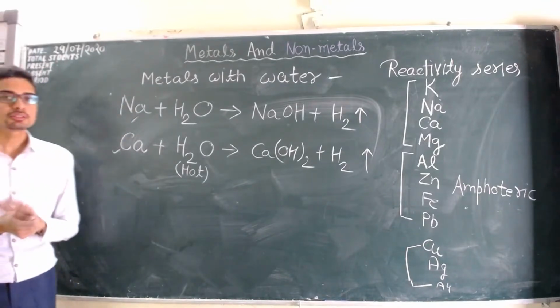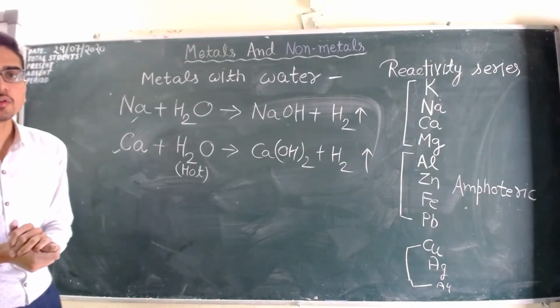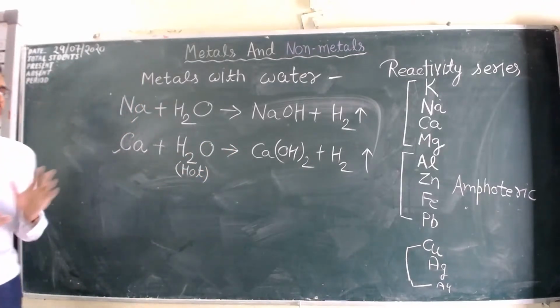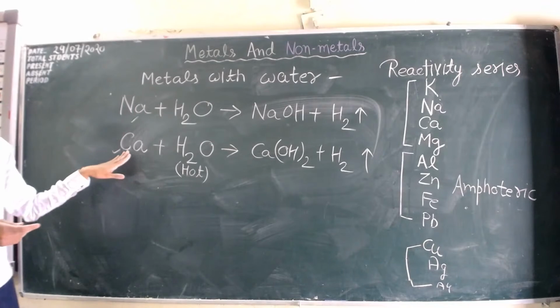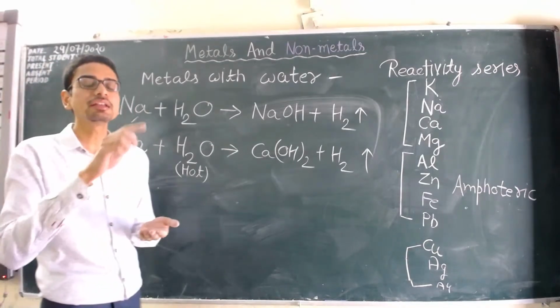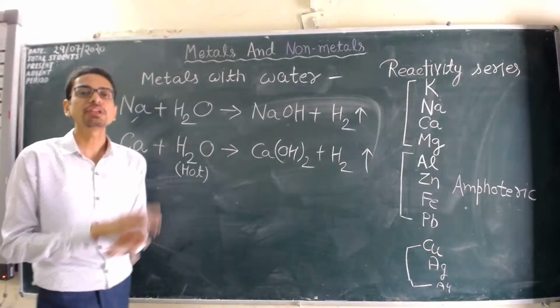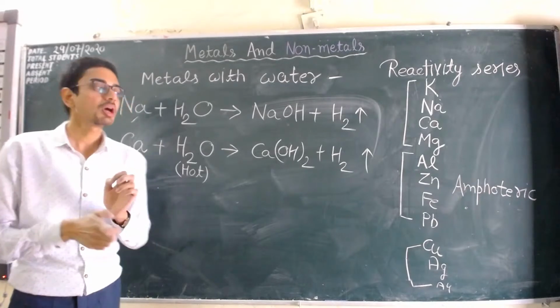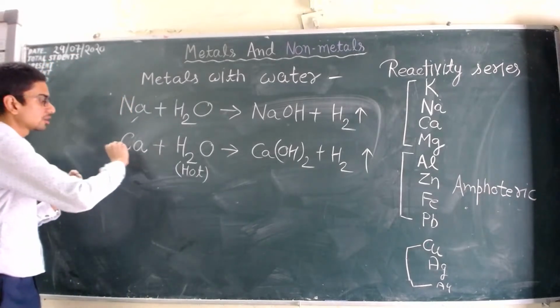Okay, and also there is one point in your book that this was also a board exam question. आया था कि why does calcium float in water? तो calcium होता है पानी के ऊपर float क्यों करता है? So you do not have to write that calcium has low density. No, you have to write this reaction.